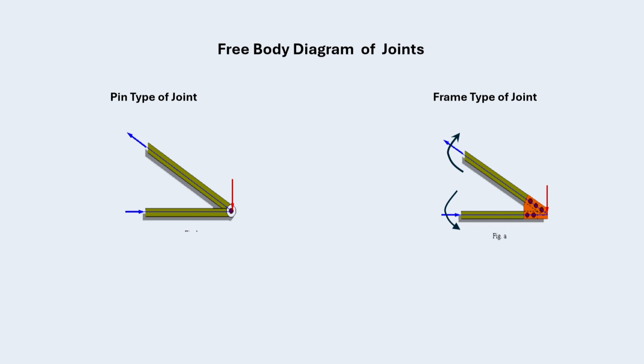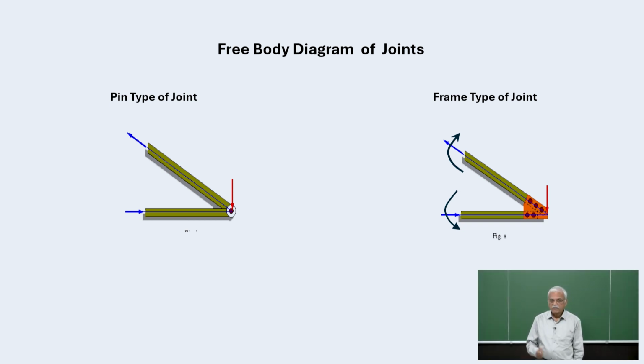If that is the assumption we make for truss structures with pin type joints, then essentially each member will be carrying the load only in its own axial direction. It may be tensile in nature or it may be compressive in nature, but the fundamental assumption is that the direction of the force will pass through the pin center.